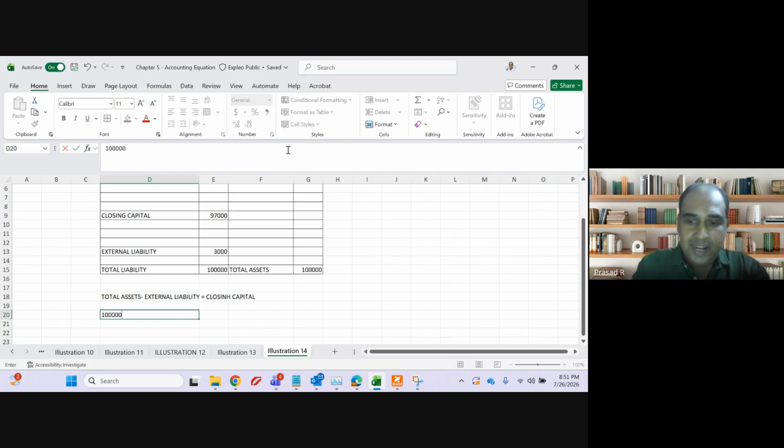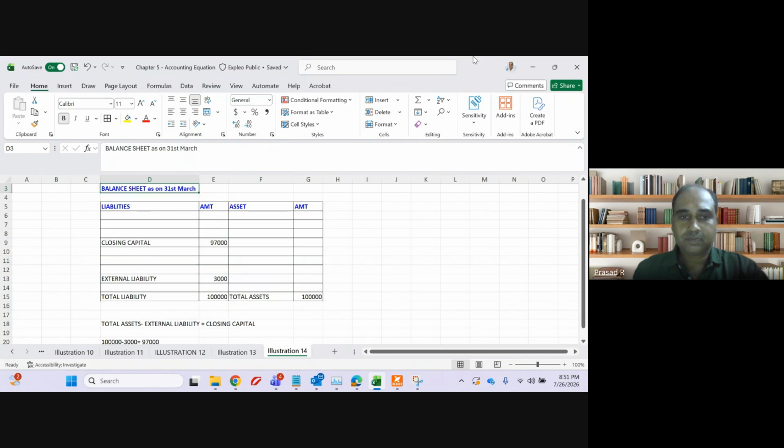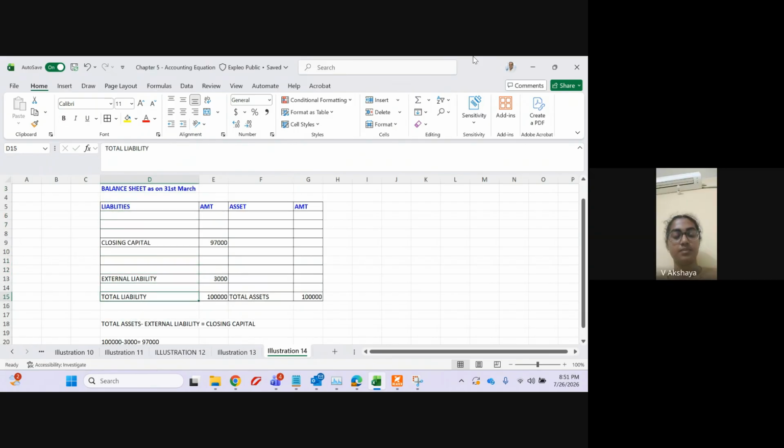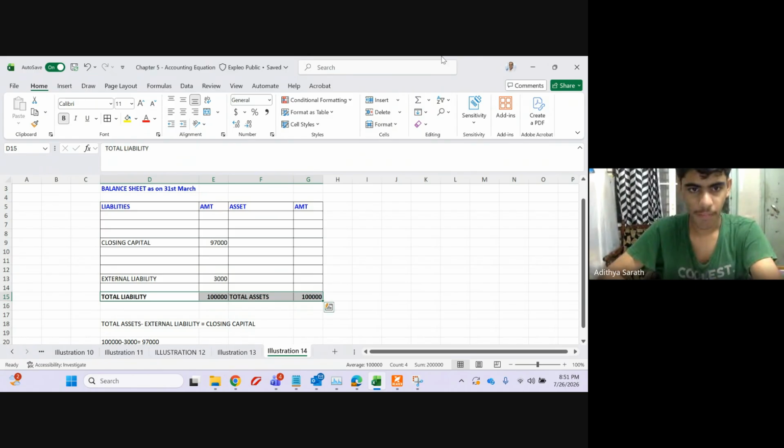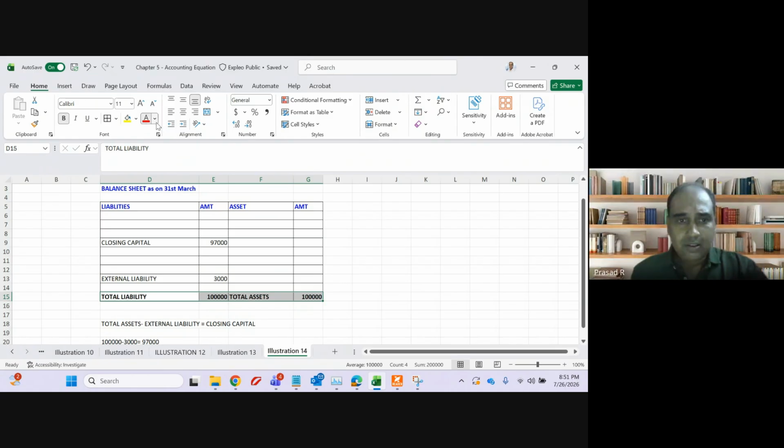Total assets 1 lakh minus 3,000 equals 97,000, which is my closing capital. Any doubt? No, sir.